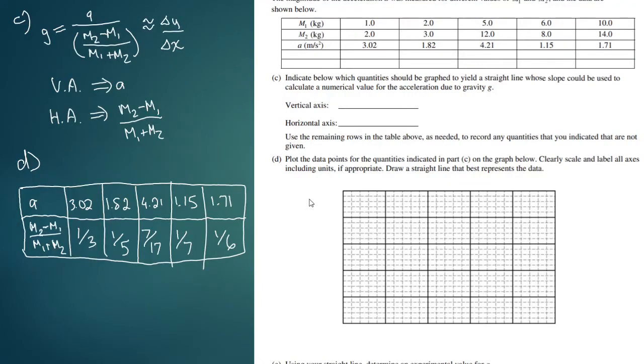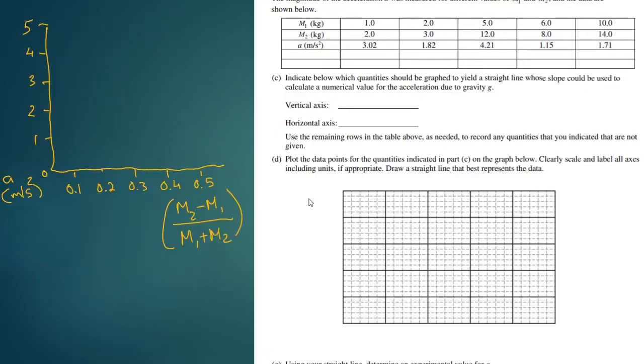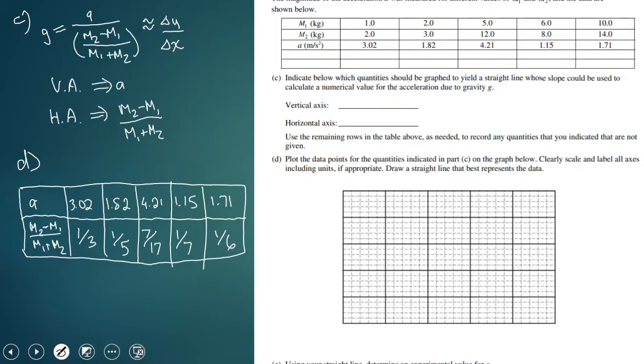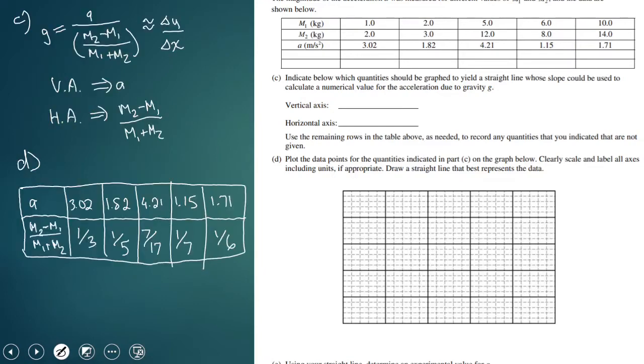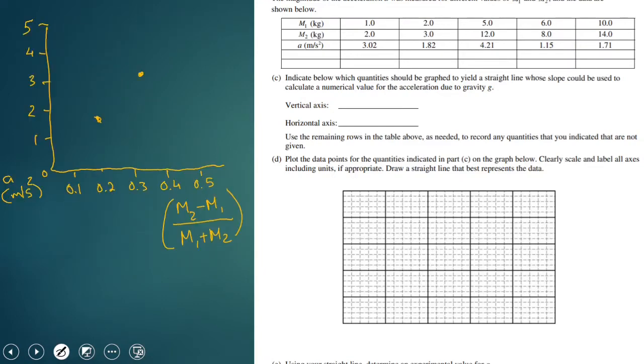So for this first point, I have 1/3, so about 0.33 and 3.02. So somewhere around here. Next one is 1/5, so 0.2 and 1.82. Something right here. Next one is 7 over 17, so we're 0.41 and 4.21.